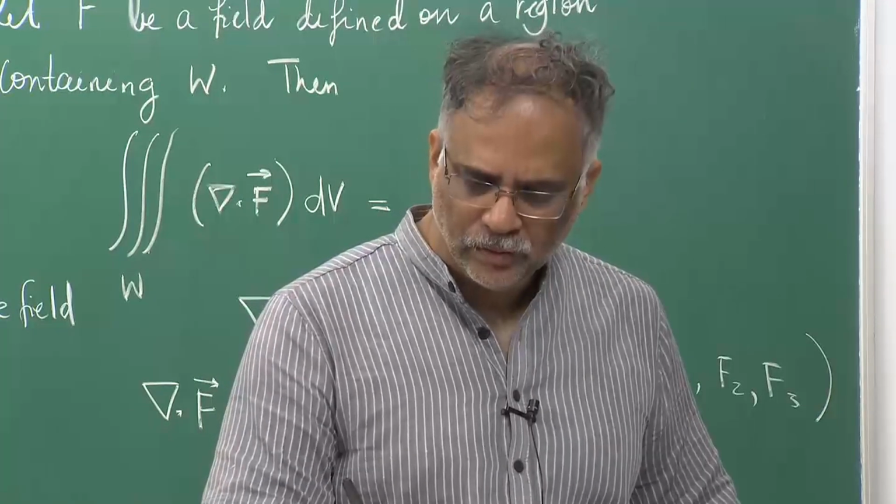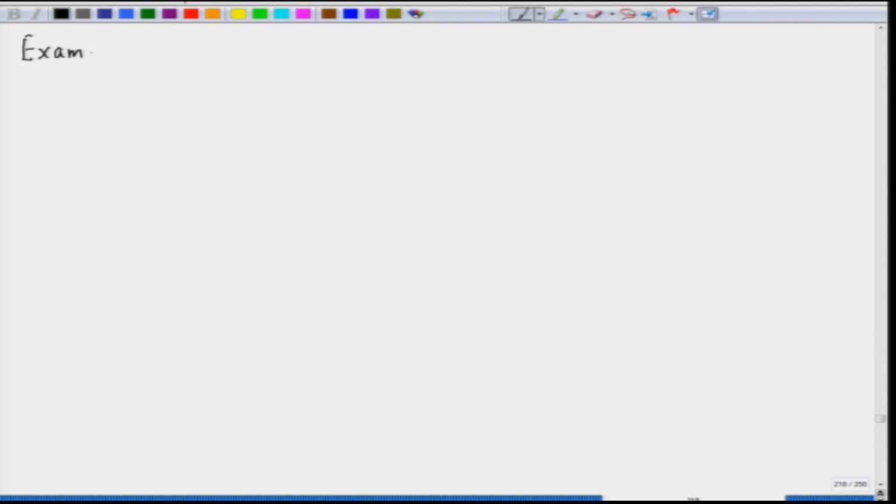So, example 1. Example 1 says, f vector is given as 2x i vector plus y square j vector plus z square k vector, and S be the unit sphere.